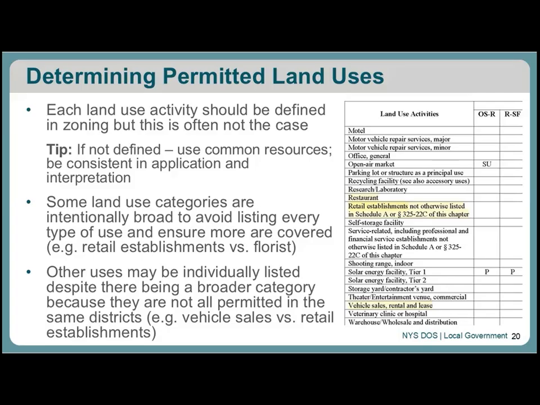Because if a term that's listed is not defined, then you're left to come up with your own decision on what that term means. And so that zoning enforcement officer is going to have to do that, and then potentially, depending upon whether or not the applicant agrees with that, maybe the Zoning Board of Appeals is going to have to do the same.